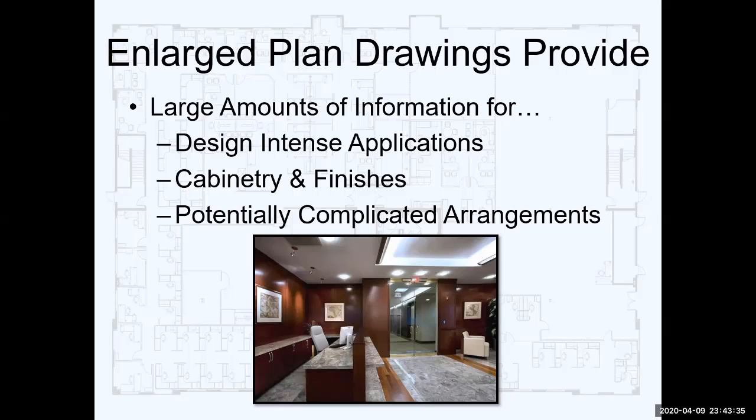That would include everything from cabinetry, which we'll be doing in a couple weeks, and actually we'll be starting next week on some of the cabinetry, and then looking at complicated arrangements of function, as well as placement of specific articles and items in the design.